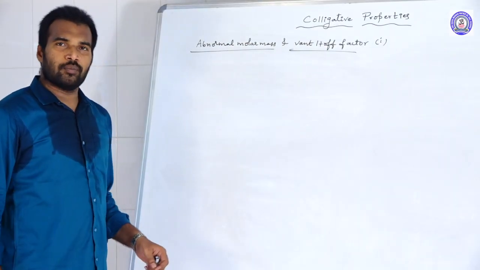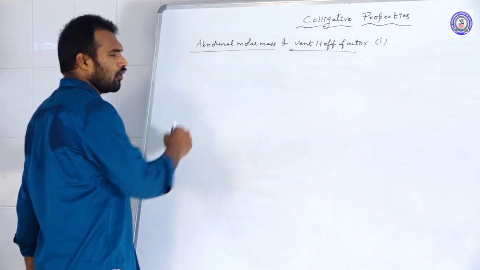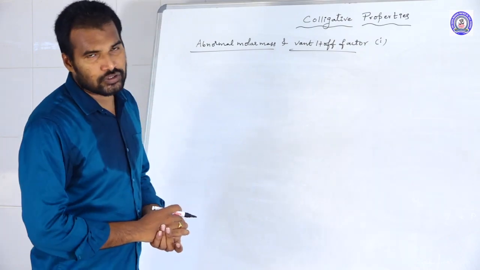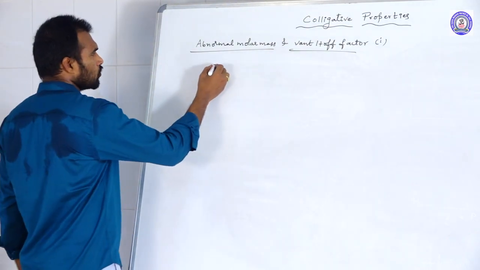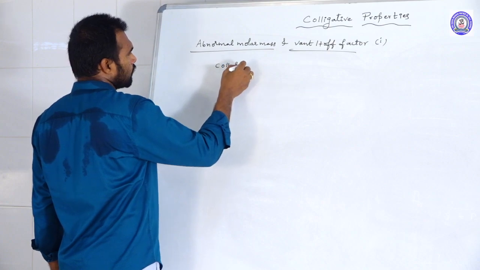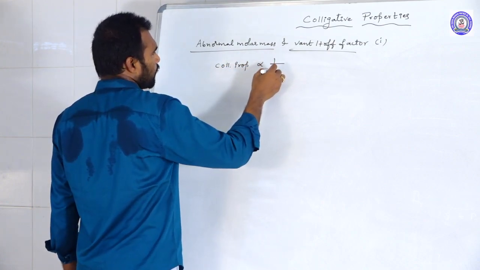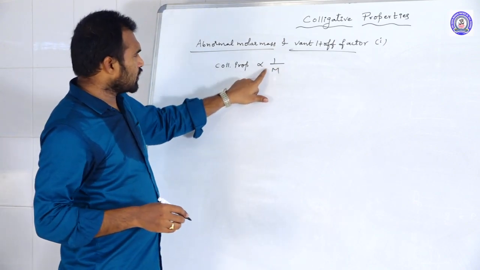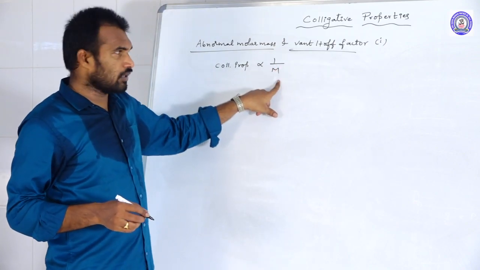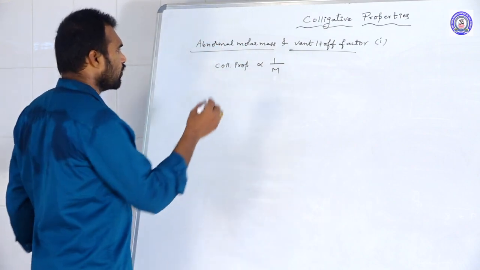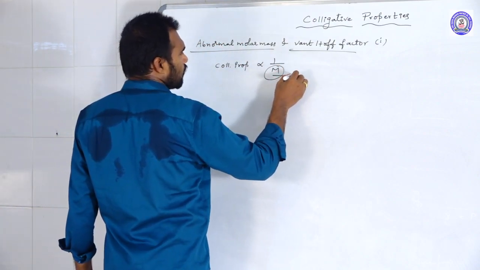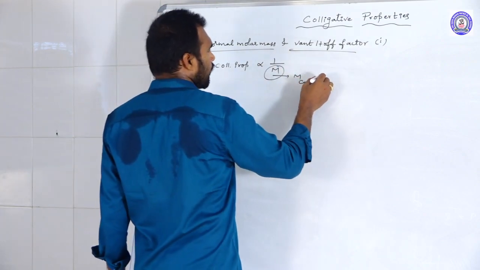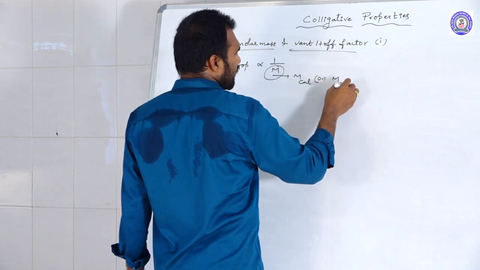Now what is abnormal molecular mass? As we know, all four colligative properties are inversely proportional to molar mass. So the calculation of molecular mass by using the colligative properties, we call M calculated or M theoretical.